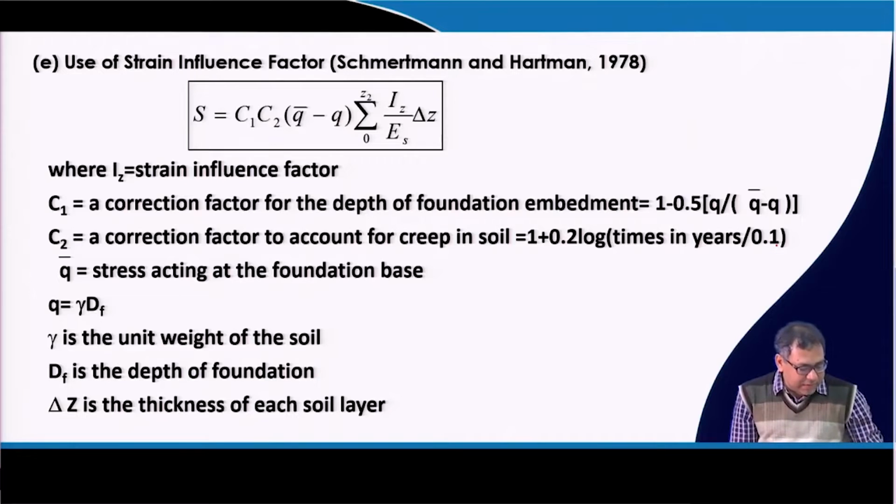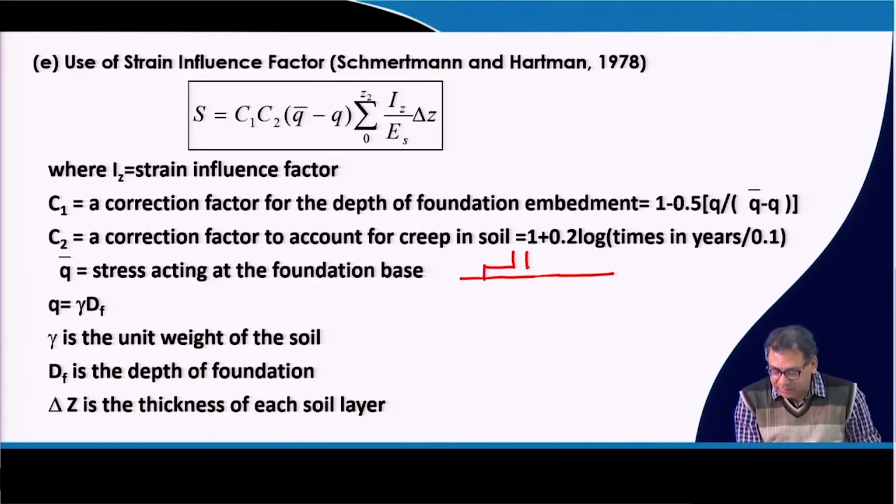So, now what is Z2? And how will I get the Iz, that is the strain influence factor for a particular foundation? Suppose we have a loading, and this is the ground surface, and we have a foundation. Now the foundation can be at any depth also.